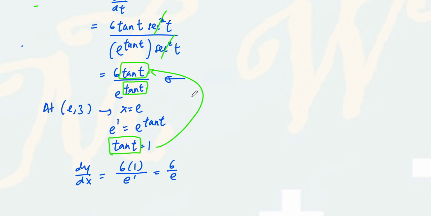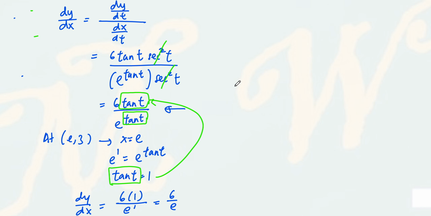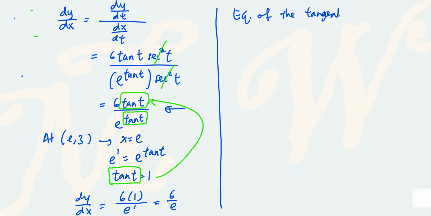Once you have found this, I can just substitute into my equation of the tangent. So I will write here the equation of the tangent with gradient m equals 6 over e at (e, 3).